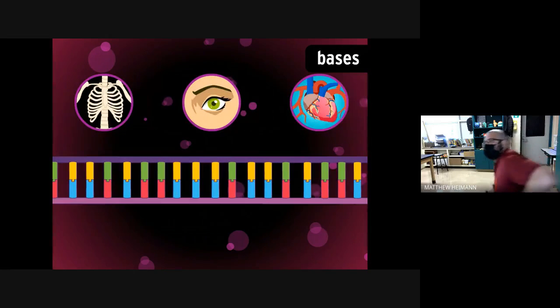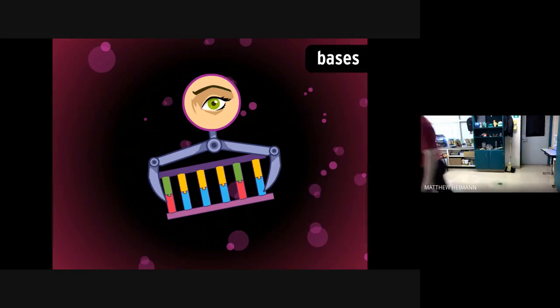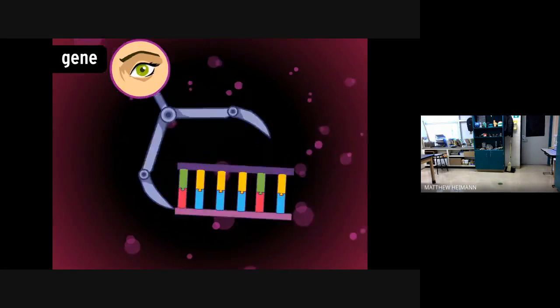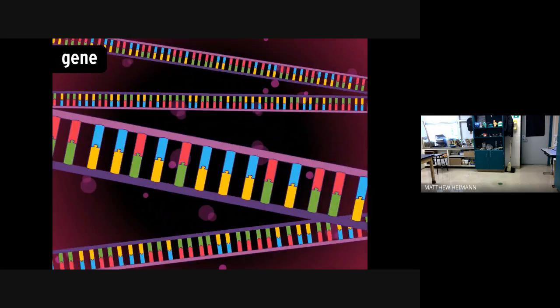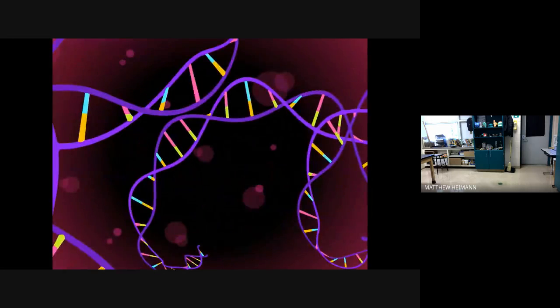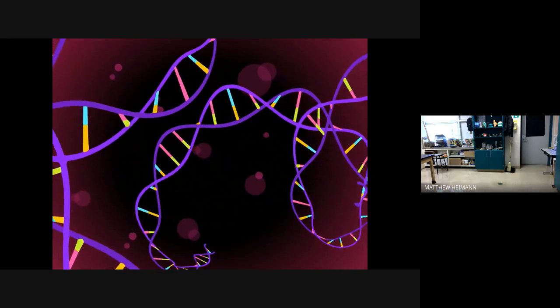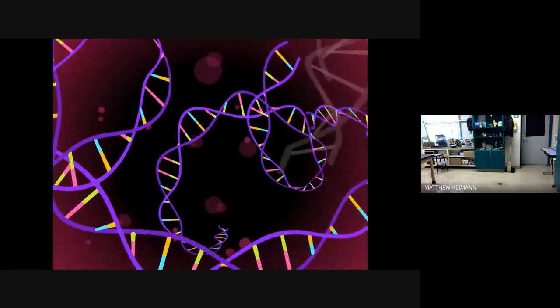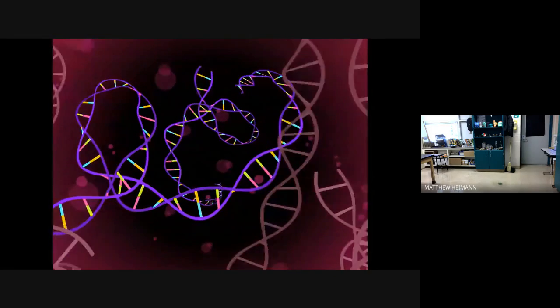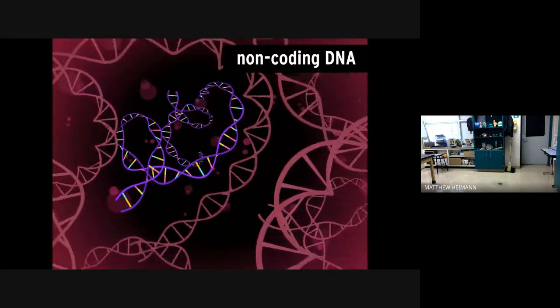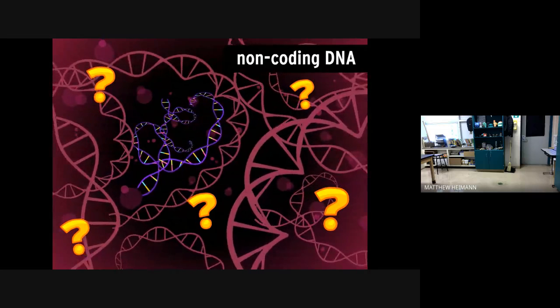A section of DNA that codes for a single protein is called a gene. The average gene is thousands of base pairs long, and humans have more than 20,000 genes. But these protein coding sections represent only a tiny fraction of our complete DNA. The function of the rest, the non-coding DNA, is not entirely understood.